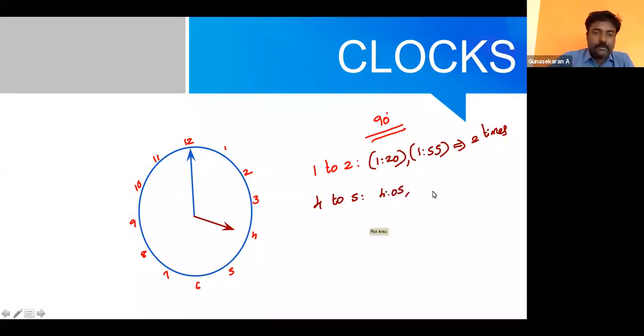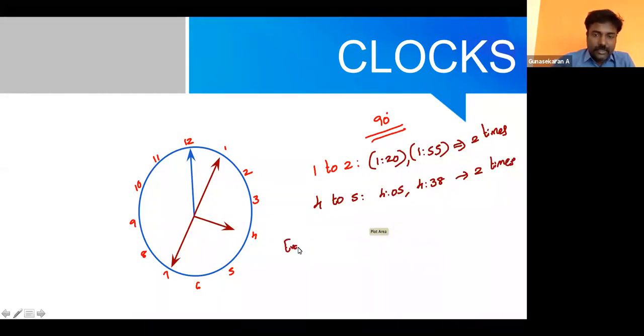Then understand, 4:35 to 4:34, something around. So 2 times. Yes. Understand, 2 times. So every 1 hour, 2 times the situation happens. Clear?